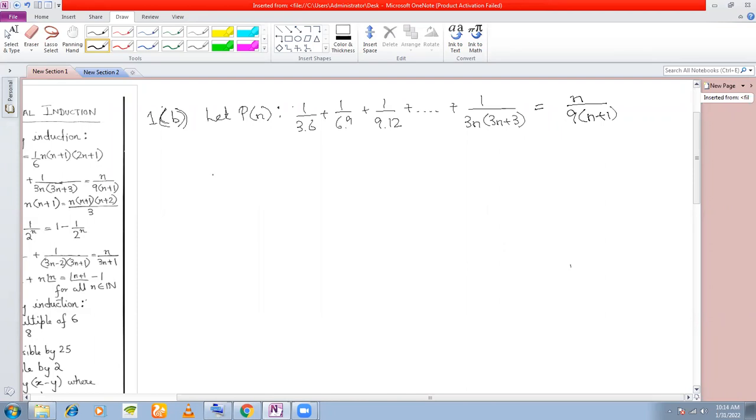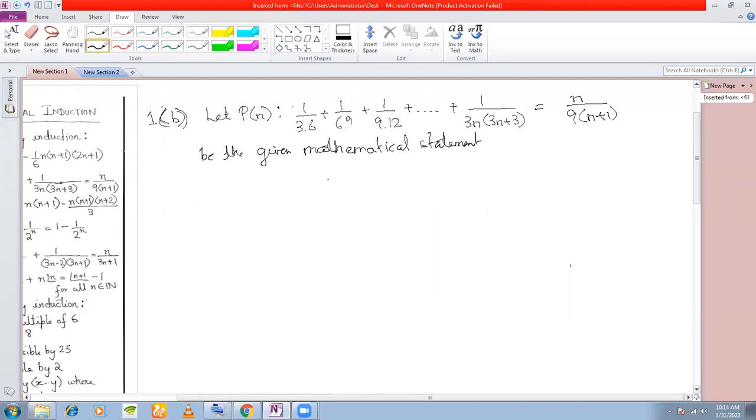This is what you have to show. So let Pn be the given mathematical statement.